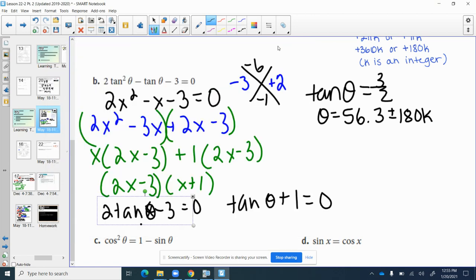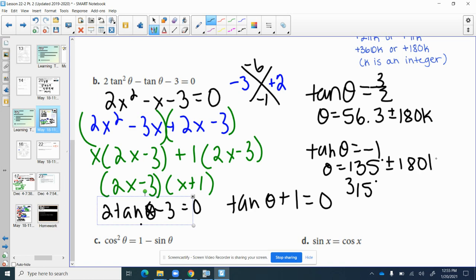And then the other piece of this is, where is tangent of theta equal to negative 1? Well, tangent's negative 1 at 135 degrees and 315 degrees. And again, because you're repeating every other quadrant, though, you could just kind of summarize this with 180k, and 180 added on to the 135 picks up the 315.